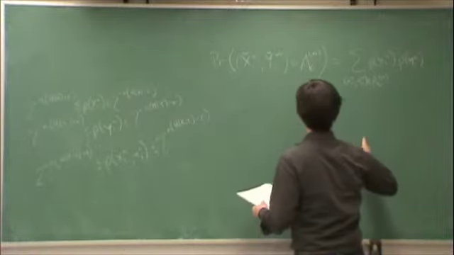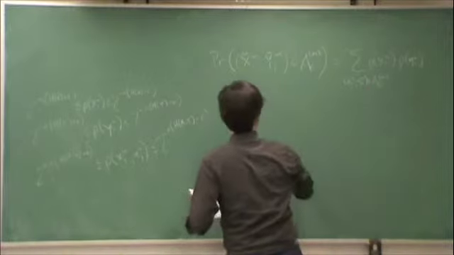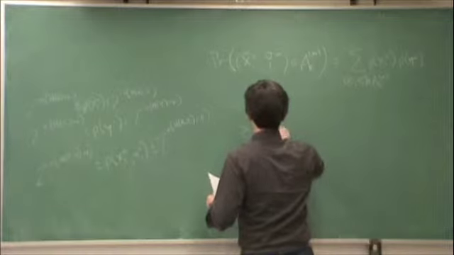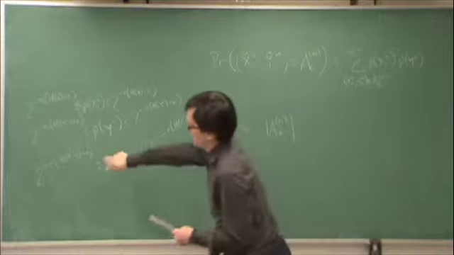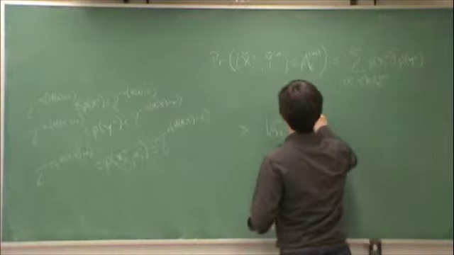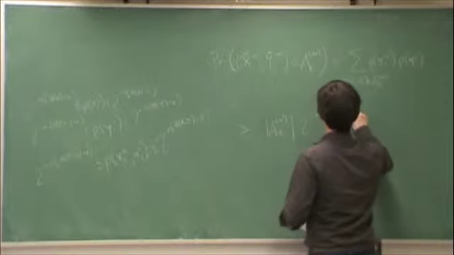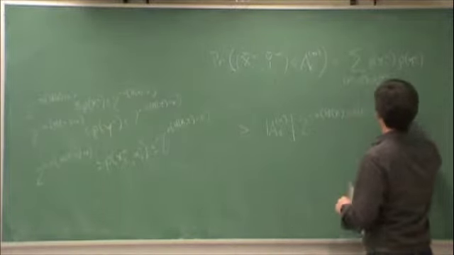What I can do is I can say that sum is greater than or equal to the cardinality of the typical set times the lower bounds over here, 2 to the minus n h of x plus h of y plus 2 epsilon.